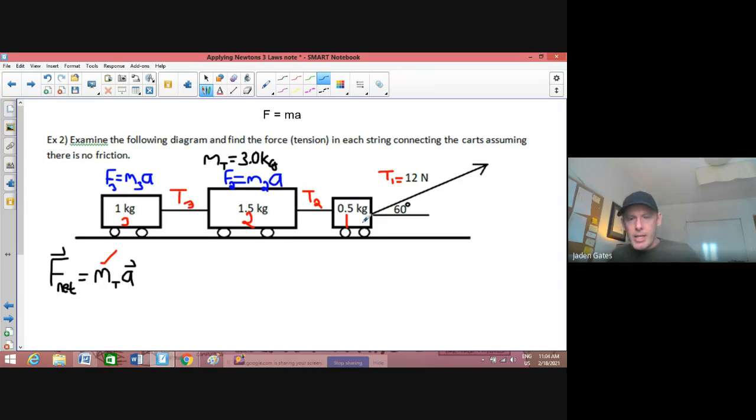Well, I guess I don't need to know anything here because I already know the tension in this string. Now, in the total system, I know the mass of all these cars is 3 kilograms. I want to find the acceleration of this entire system because, again, all these cars are accelerating at the same rate.